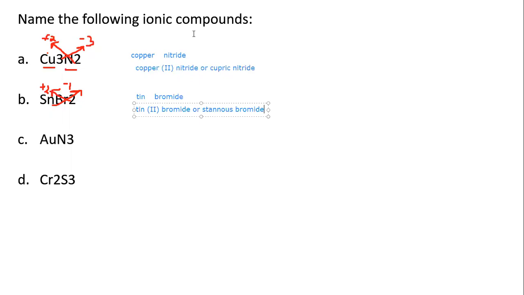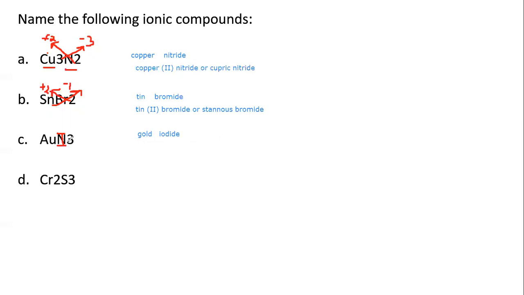Now in number C, I wrote the wrong element. It should have been an iodine here, not a nitrogen. So it's AuI3. And so again, our cation is gold, and the anion of iodine is iodide. But gold is one of those metals that can have 2 ionic charges. So we need to determine the charge of gold.